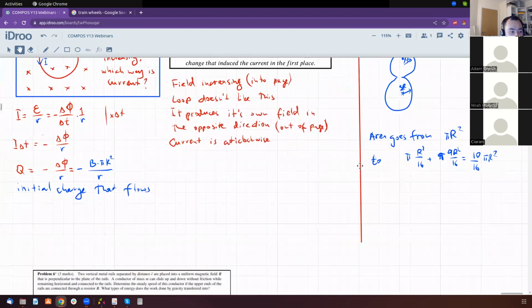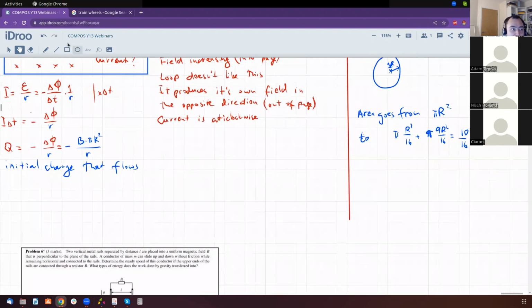So the charge that flows is going to be B multiplied by, well, it's going to be the change of flux divided by the resistance of the circuit.